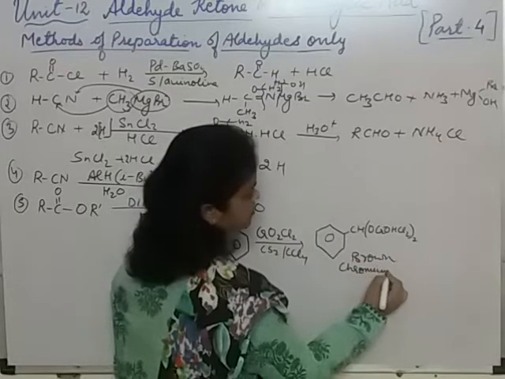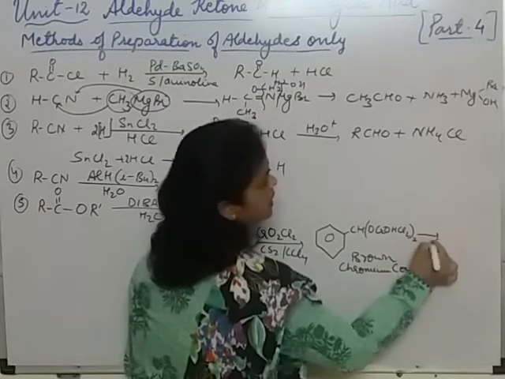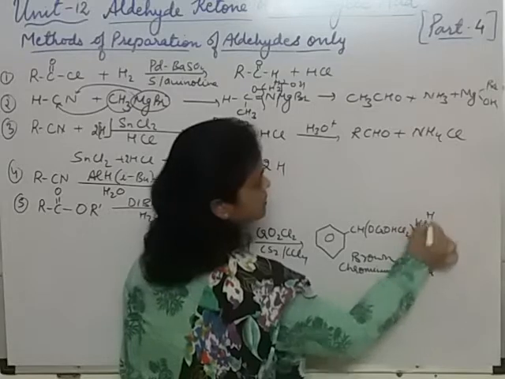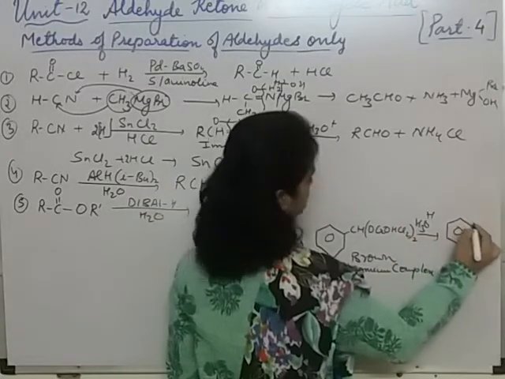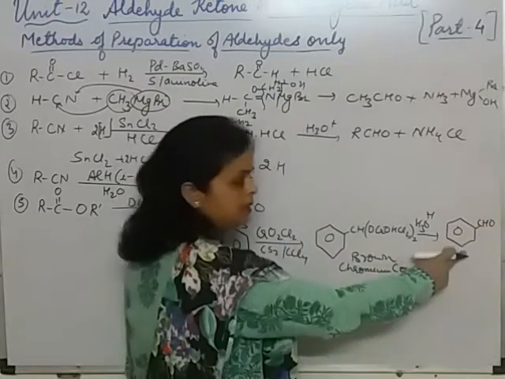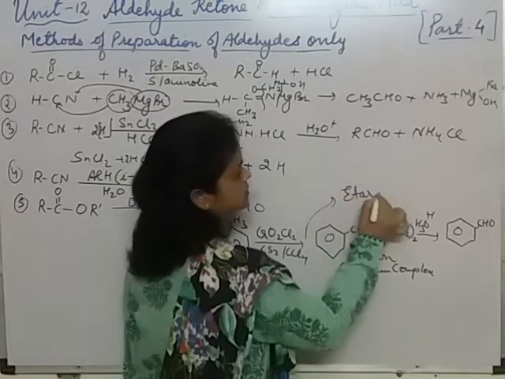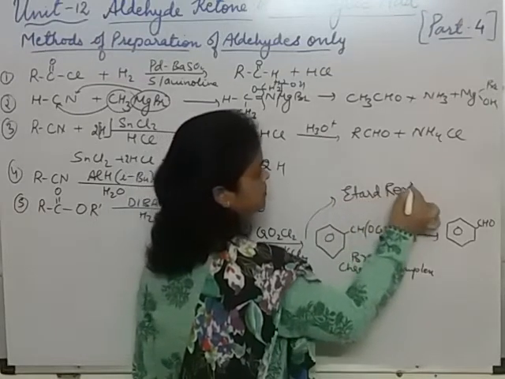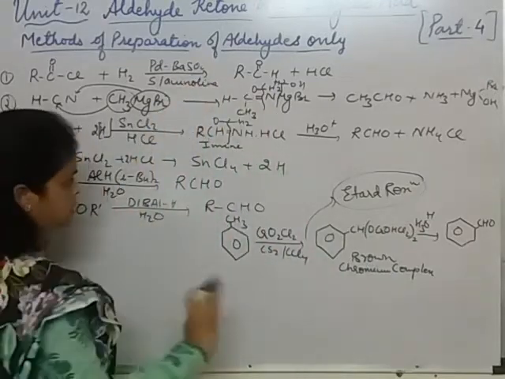And on hydrolysis, it will form benzaldehyde. Okay, it will form the benzaldehyde, and this is the name reaction, Etard reaction. Very important. The first reaction was the Rosenmund reaction, keep in mind.